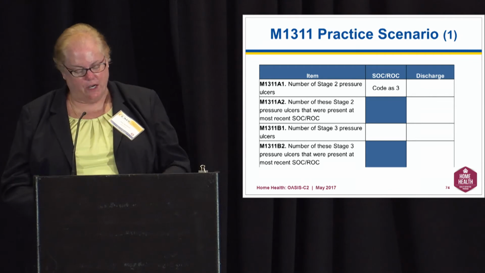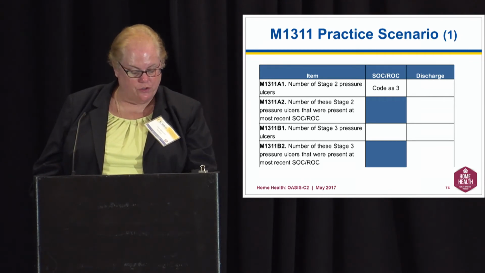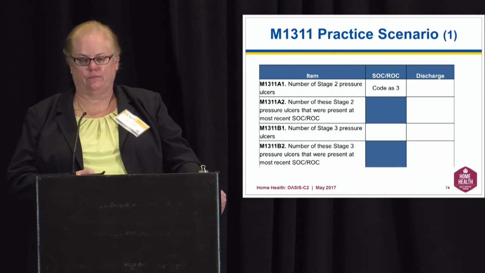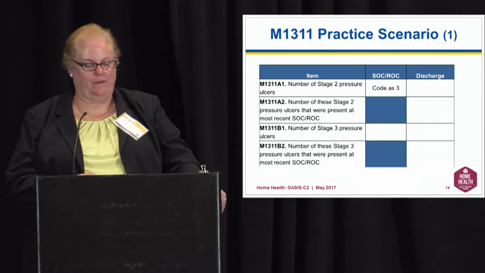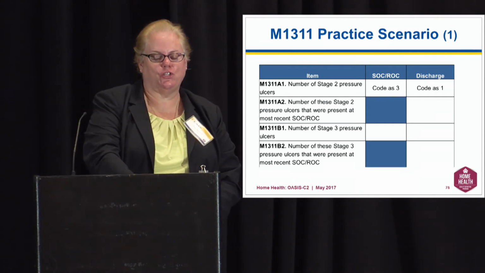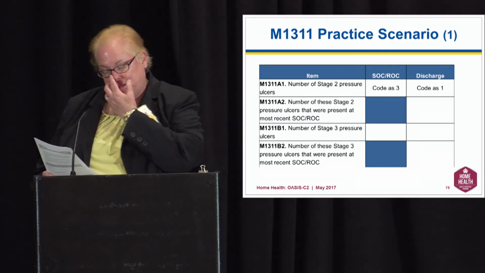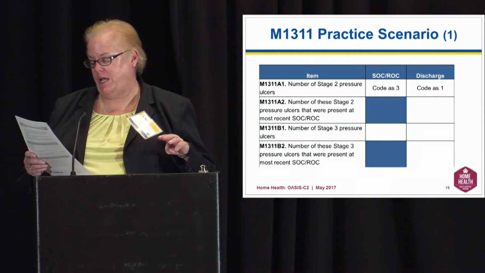Then the next question is the number of stage 2 pressure ulcers at discharge. Okay. Ready? 1. So why? I heard a lot of 2s. At the start of care, the patient had 3 small stage 2 pressure ulcers, right?